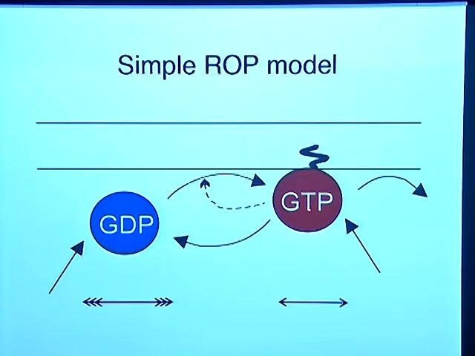You have regulators which encourage the inactivation of ROP and the activation of ROP. We have in our model the rates of delivery of active and inactive ROP locally to a part of the cell. We have removal of ROP, and we have the fact that this inactive form could move around much more quickly than the active form.